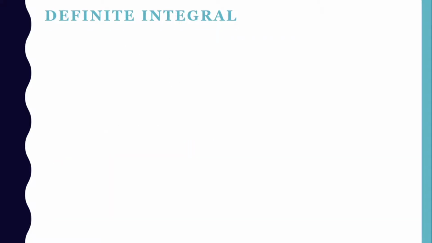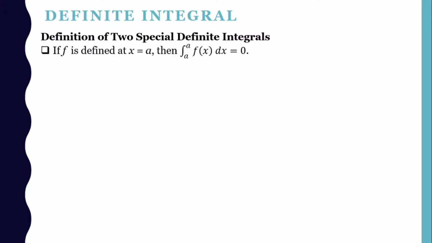Now, here are some of the most important concepts and properties that you must remember about definite integrals. We have two special definite integrals. First, if the function is defined at x equals a, then the integral of the function f of x dx from a to a is 0.